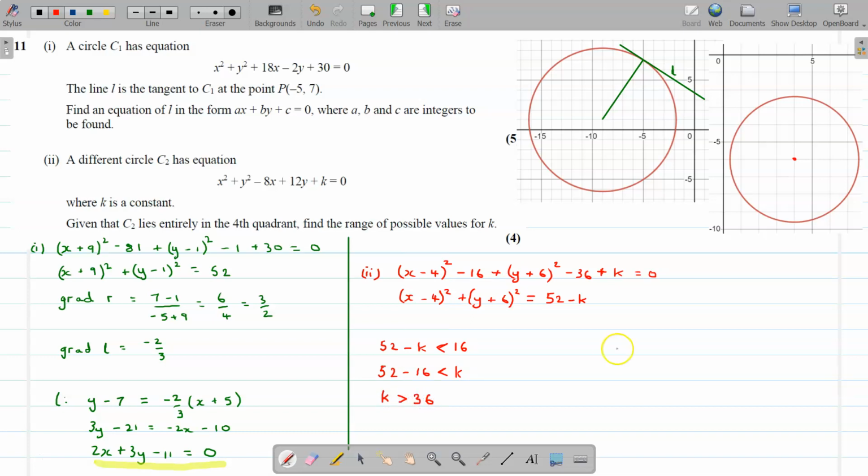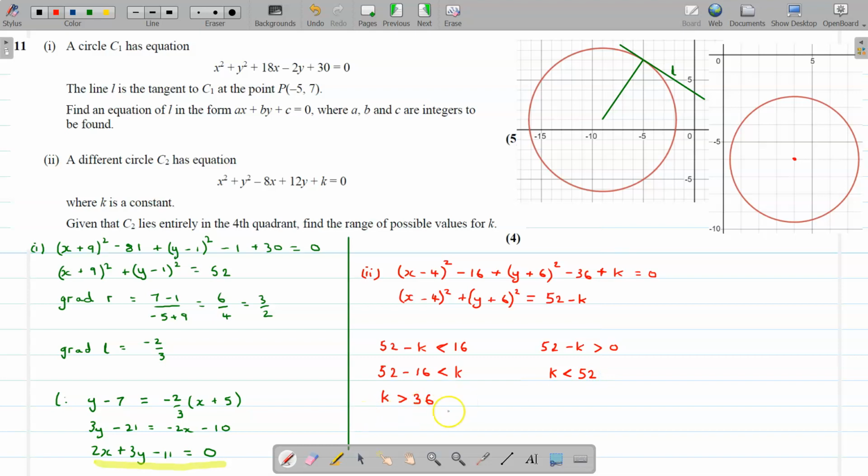Now we also have to consider the minimum radius, which of course is 0. So 52 minus k has to be greater than 0, which means that k has to be less than 52. Well, that's simple enough.